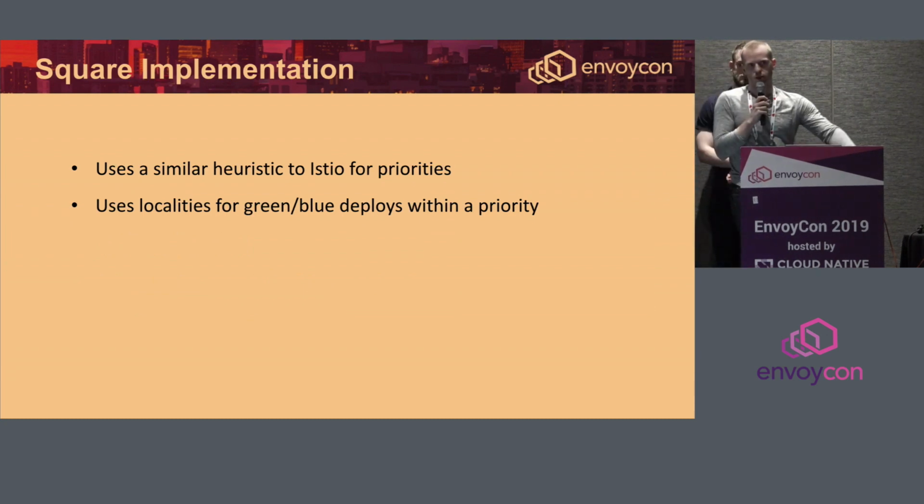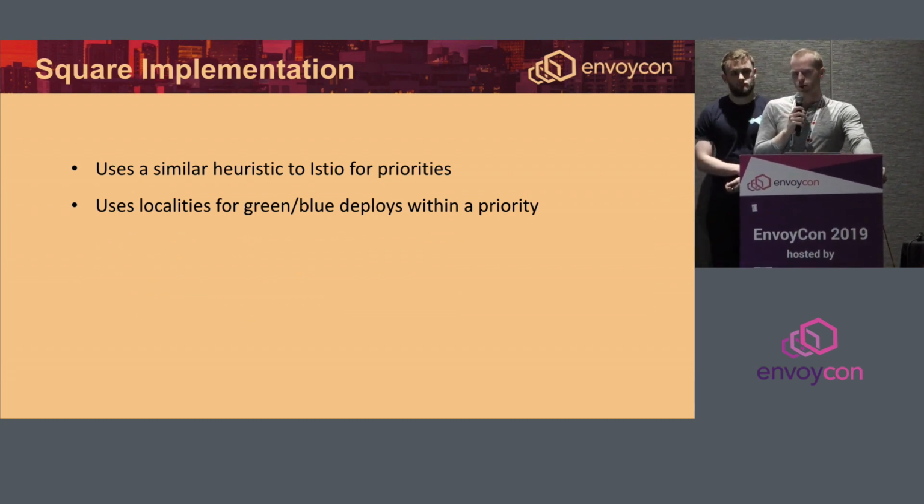The way that Square does this is the priority assignment is very similar to how Istio does it, just some heuristic based on the string equality of the zone and region of various endpoints, which works pretty well. We use localities as the way users might do green-blue deploys and various kinds of traffic shifting within the priority.